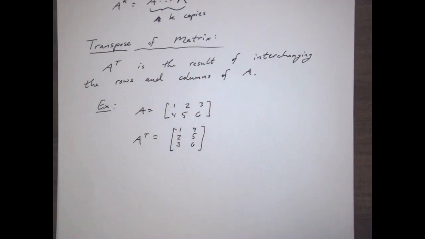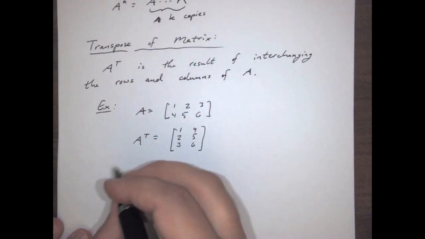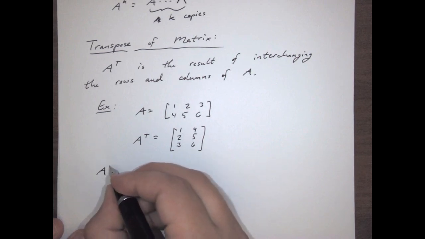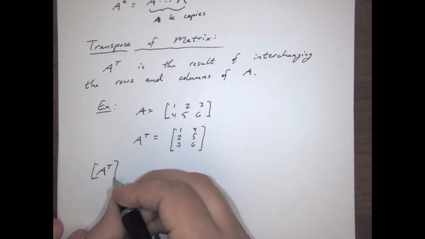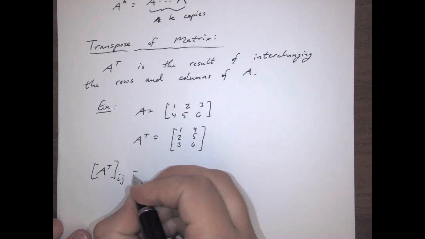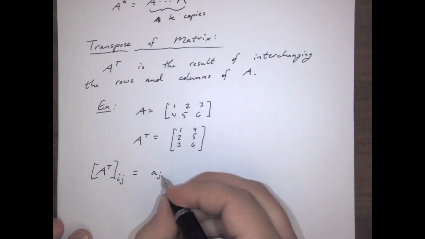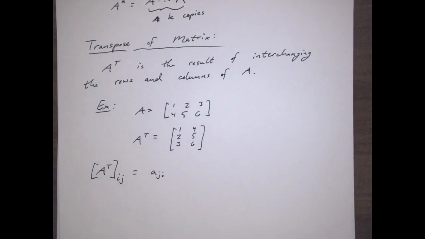So what was the first row becomes the first column. What was the first column becomes the first row, and vice versa, and so on throughout all the elements. If I wanted to write this as a formula, A transpose ij is the same as A ji. It just reverses the indices.